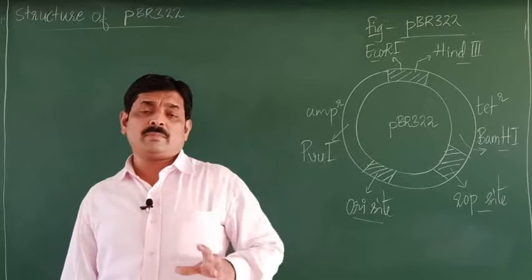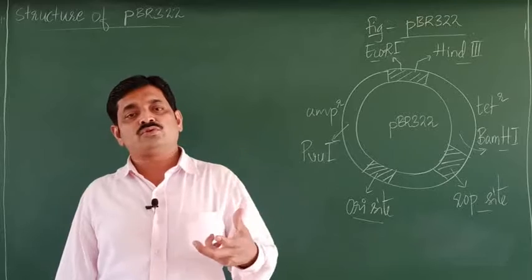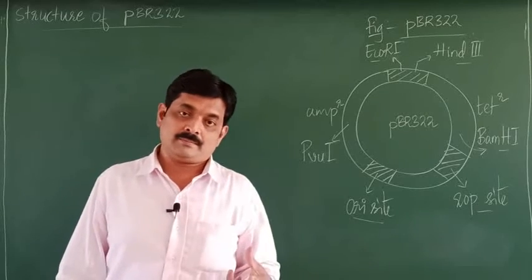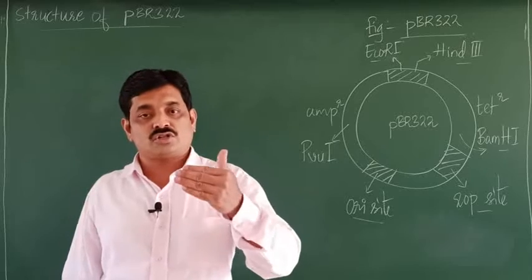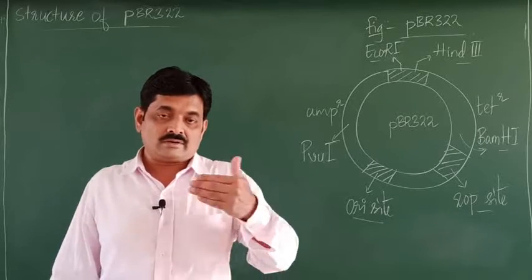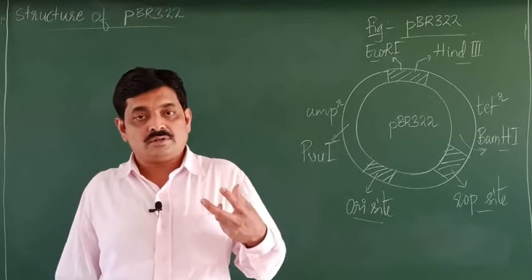See here, the main use of a plasmid is to produce recombinant DNA, right? And that recombinant DNA, when it is introduced in the host cell, undergoes cloning of the desired gene.